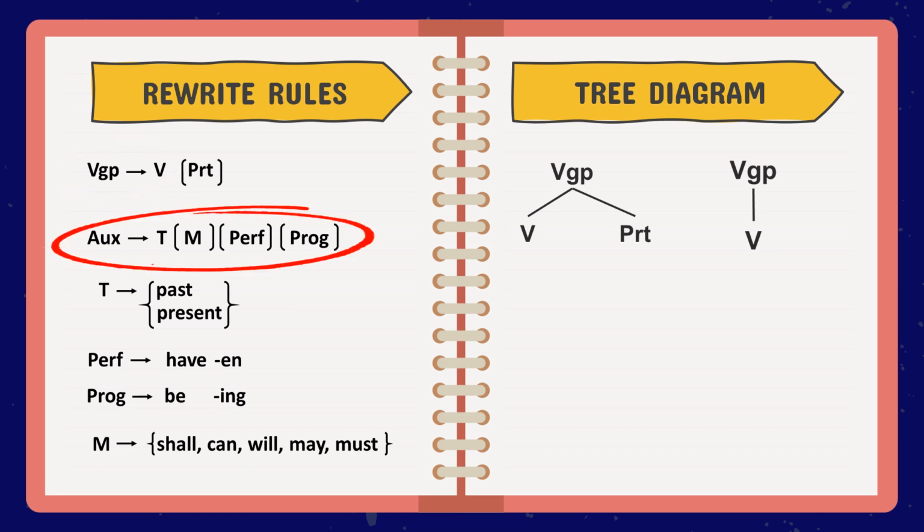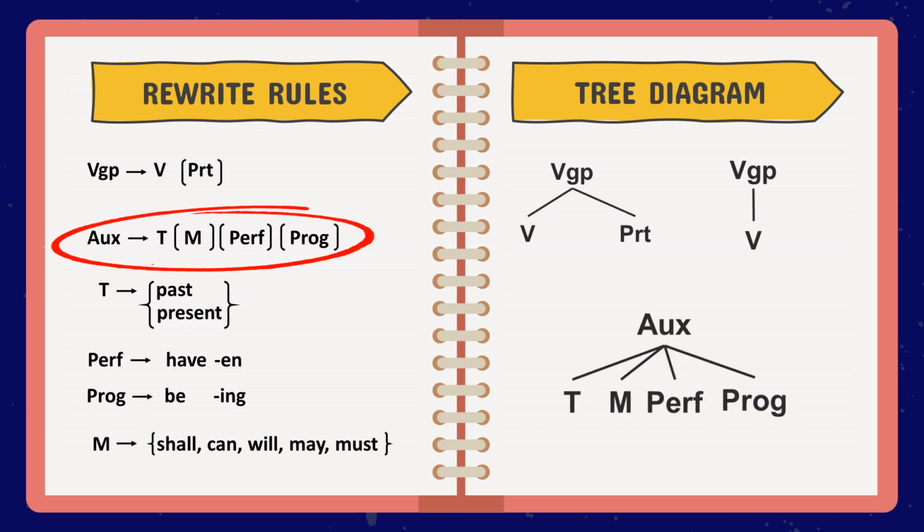We also have auxiliary. So these are the phrasal rules of auxiliary, because in our verb phrase, we can actually encounter auxiliary verbs. Auxiliary consists of tense, which is obligatory, and M for modal, perf for perfect tenses, and prog for progressive tenses.